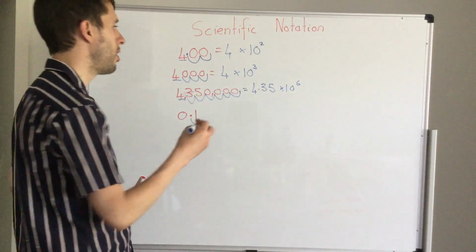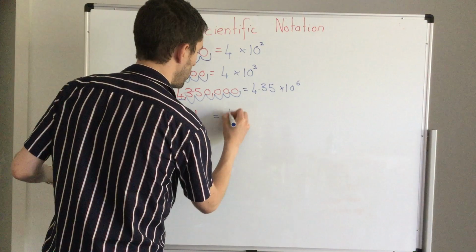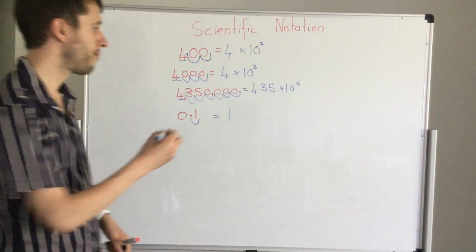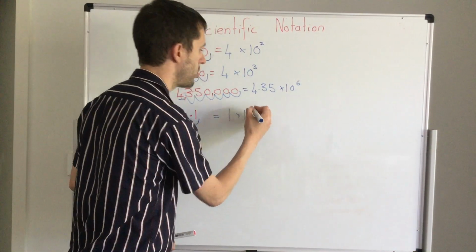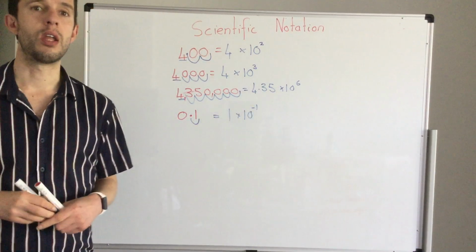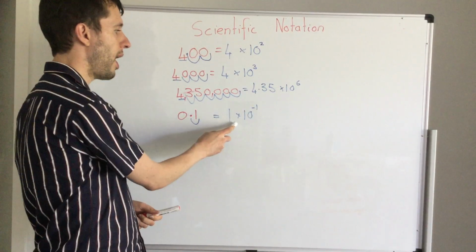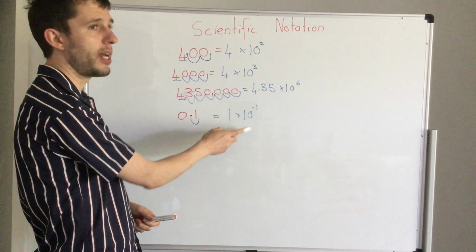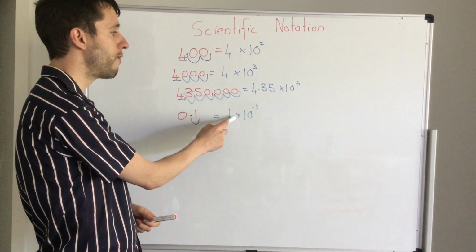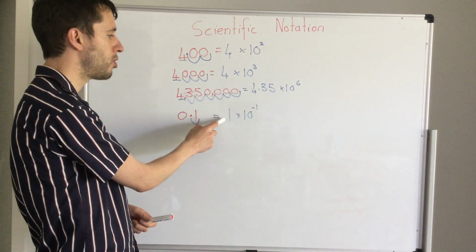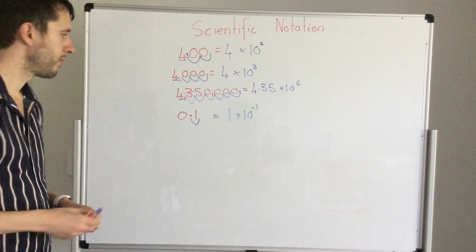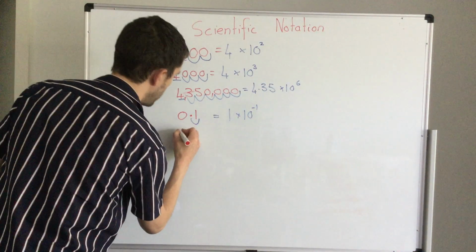So which equals 1 will be my number, and I'm timesing 10 to the power of -1, which means when I times 10 to the power of -1, I'm going to move the decimal spot one spot to the left.